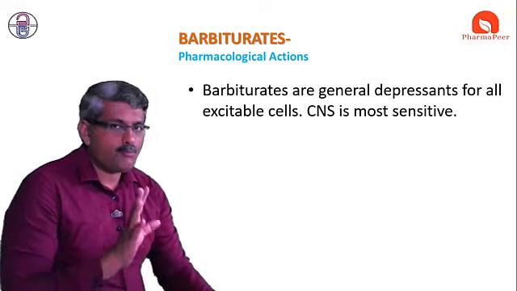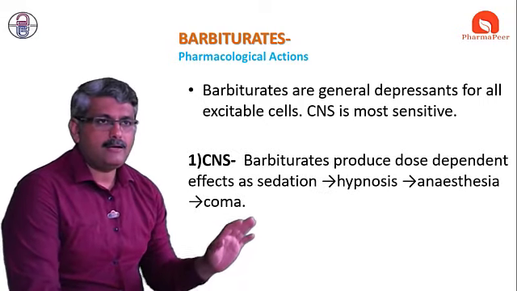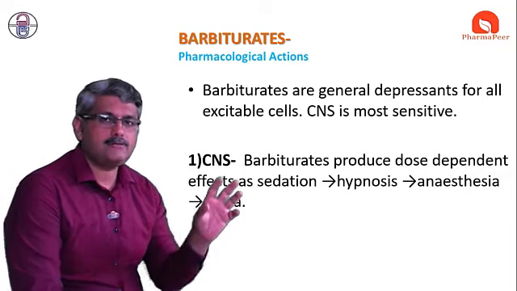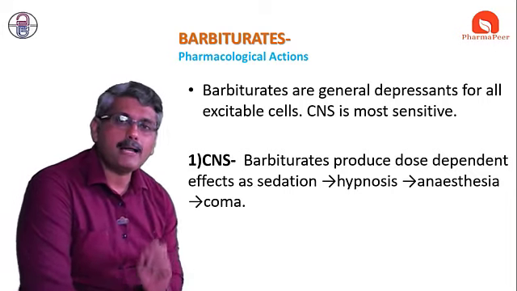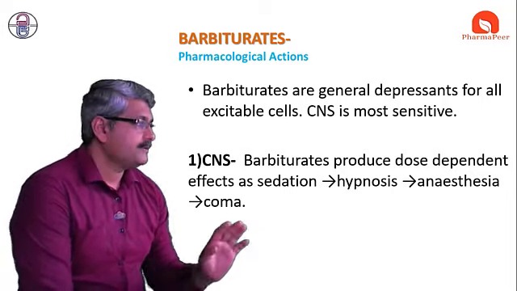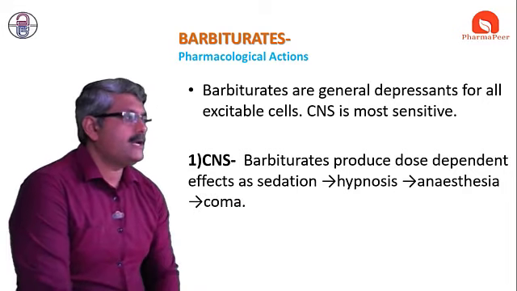The CNS is the most sensitive part to barbiturates, and we have already discussed that barbiturates, hypnotics and sedatives are related to each other in a dose dependent manner. When the dose changes, the action of the drug changes. So barbiturate produces dose dependent action.